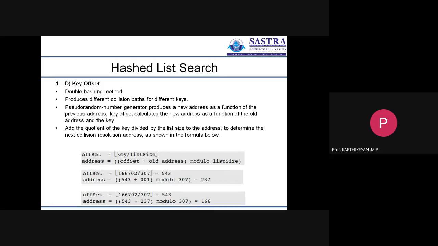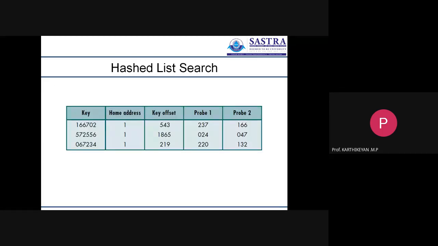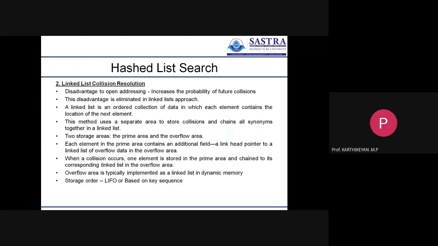We apply modulo list size because whenever we calculate the new address, it must be within the range of the list. It should not go beyond the list. That must always be ensured. And here is an example.